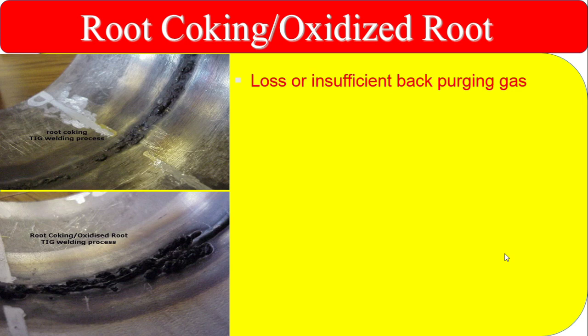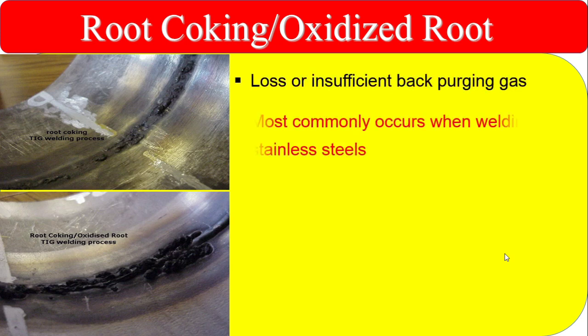If the back purging gas is not proper, that area will be oxidized by the environment contamination, and that contamination will oxidize the metal, so the oxidation will appear there this way. So, loss or insufficient back purge gas.